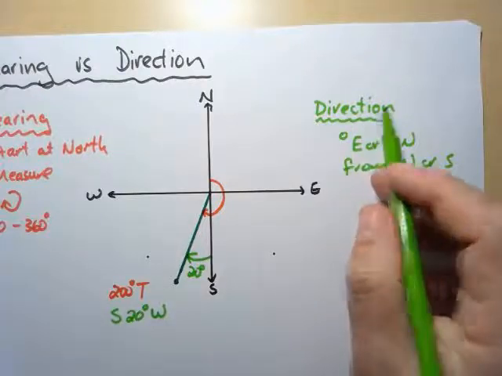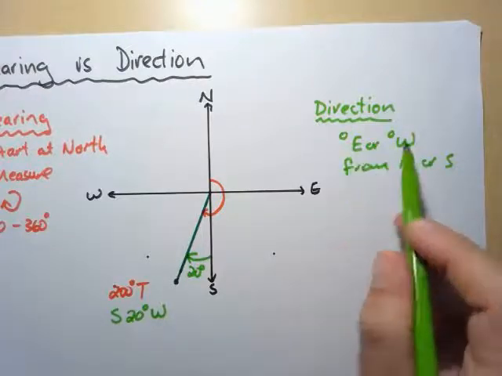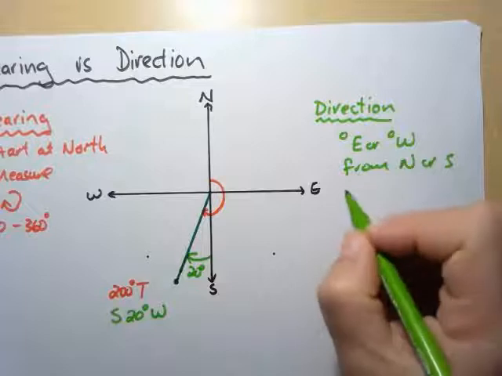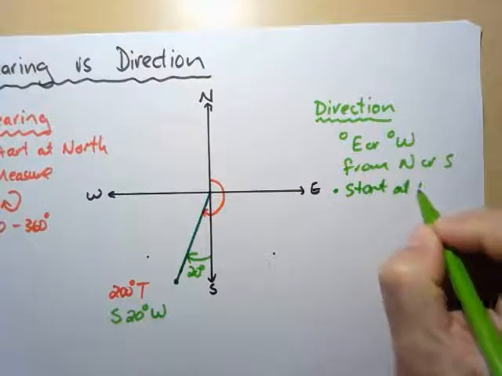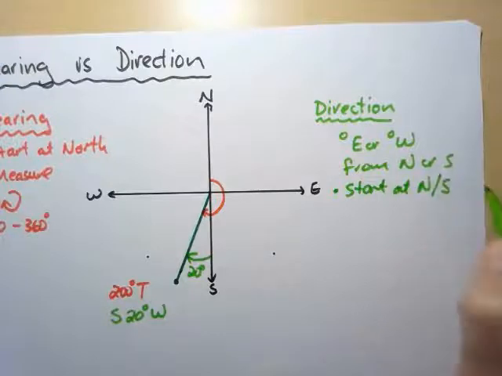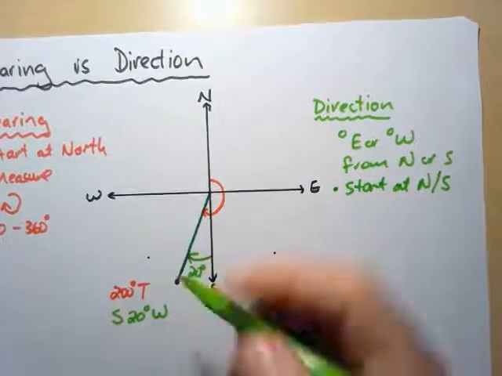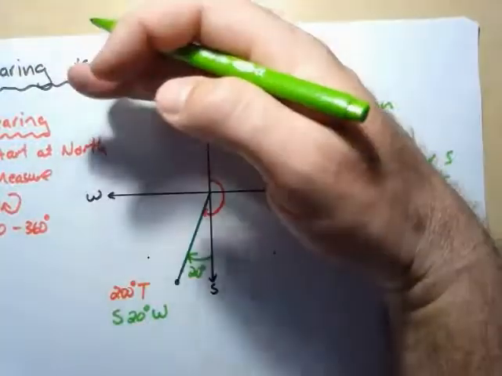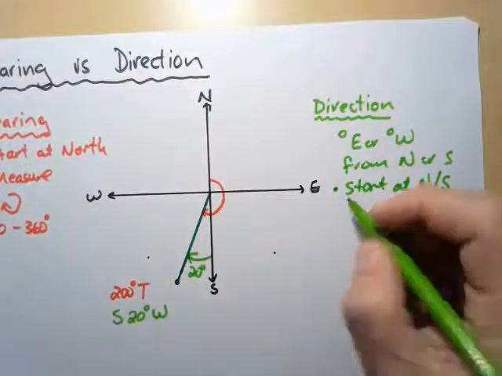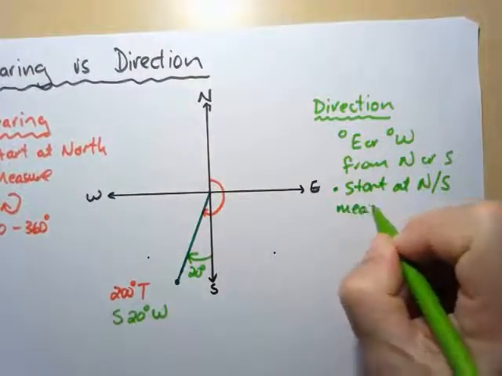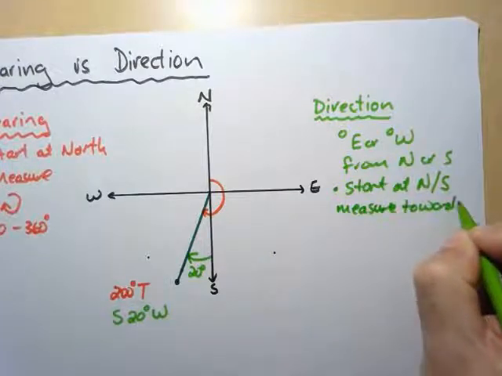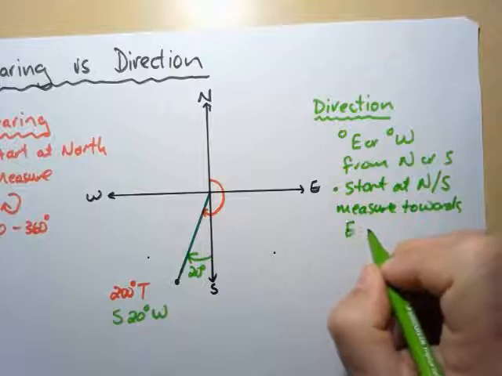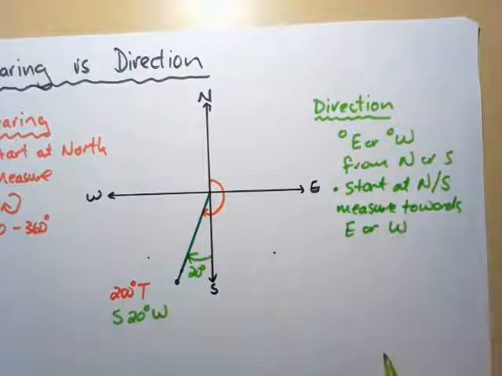So let's just quickly have the direction. Direction is either east or west from north or south. It means we start at north or south, whichever is the closest. If it's on this half, it's south. If it's on that half, it's north. And then measure towards east or west.